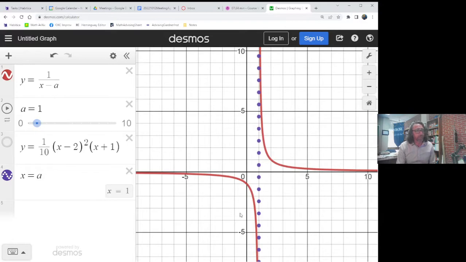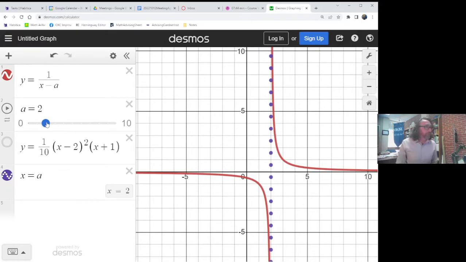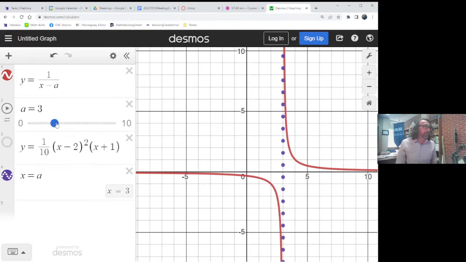Here when a equals 1, there's a vertical line at x equals 1 that the function cannot cross. At a equals 2, we got that vertical line that the function cannot cross. Now that is called a vertical asymptote.